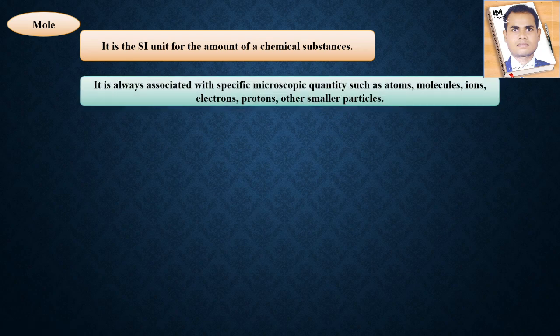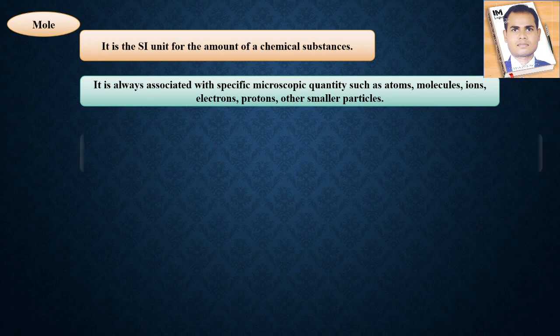It is always associated with specific microscopic quantities such as atoms, molecules, ions, electrons, protons, and other smaller particles. Very minute particles we can't measure in the usual units, so we measure them in moles.